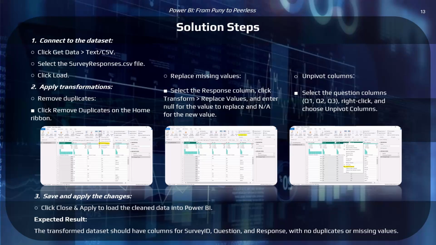Afterwards, unpivot columns by selecting the question columns Q1, Q2, and Q3, right-click, and choose Unpivot Columns. Finally, save and apply the changes by clicking Close and Apply to load the clean data into Power BI. Expected result: the transformed dataset should have columns for survey ID, question, and response, with no duplicates or missing values.